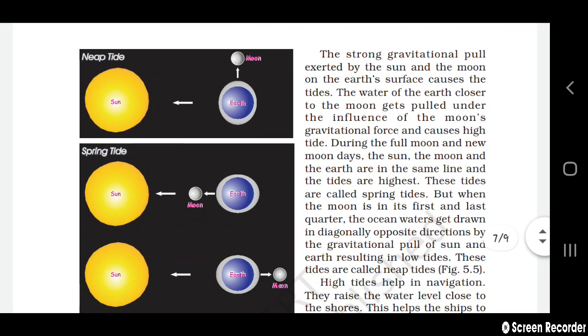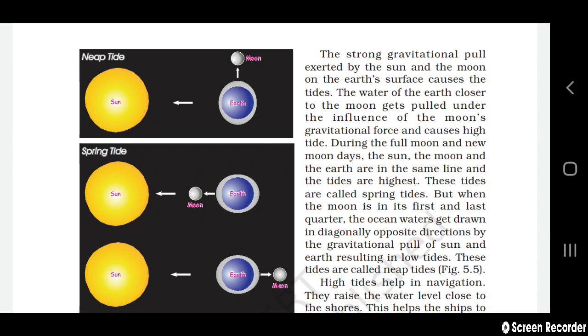The strong gravitational pull exerted by the sun and the moon on the earth's surface also causes the tides. The water of the earth closer to the moon gets pulled under the influence of the moon's gravitational force and causes high tides.